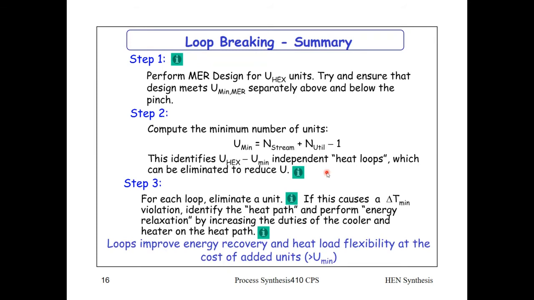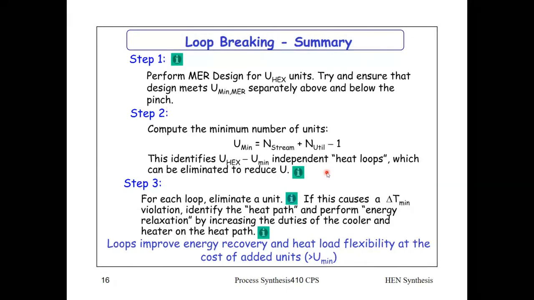Loops improve energy recovery. Loops is what we were doing yesterday in the example, the last part of yesterday's lecture. They improve energy recovery and heat load flexibility at the cost of extra added units. So we get improved energy recovery, so we don't use as much hot utility, but it's at capital cost, because we're using more heat exchangers.